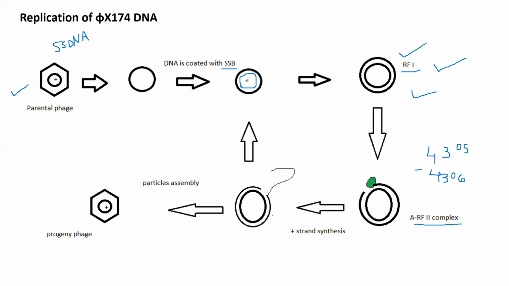When this plus strand is completely displaced and completes one round of the circle, it is cleaved and recircularized. And what happens to this plus strand which is cleaved and recircularized? Again, it goes here and the complementary minus strand is made, resulting in more RF1. So there would be synthesis of many copies of RF1.